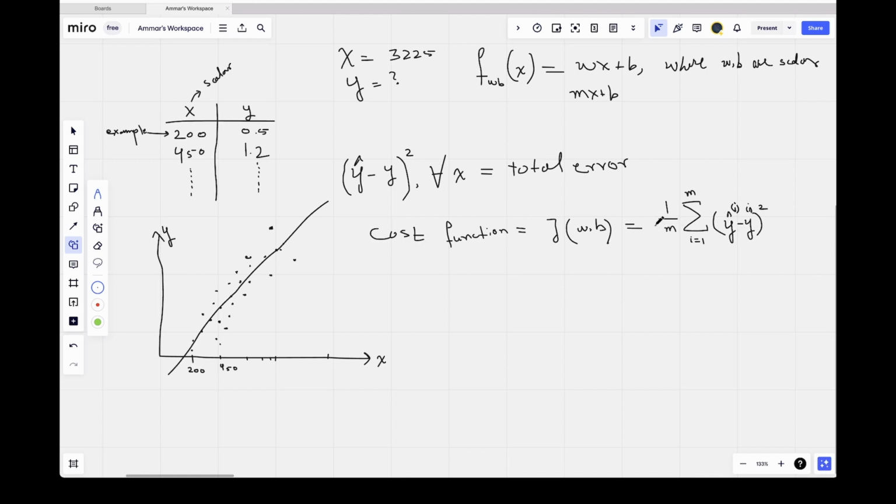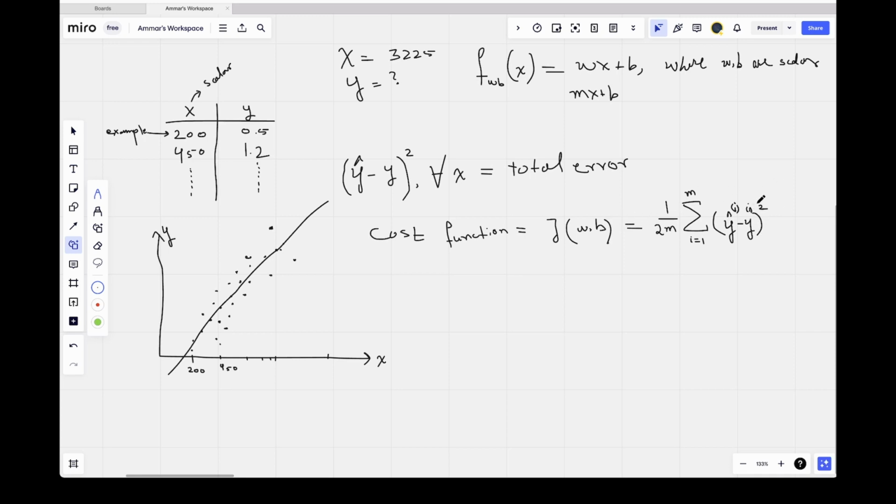In machine learning, we also use this 2 and divide by 2m, just so that when we take a derivative, and we'll see that later on, the calculations become neat. So that's why we have this 2, although it has negligible effect on the value of the cost, right?